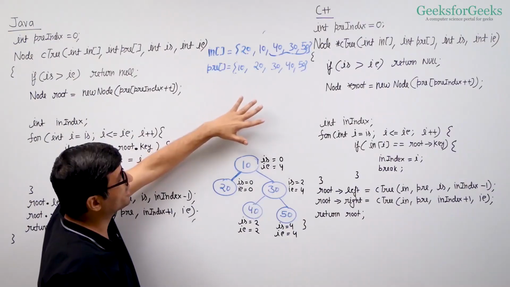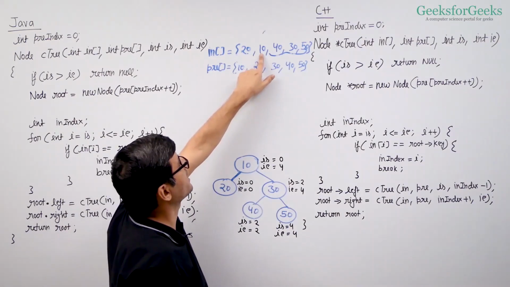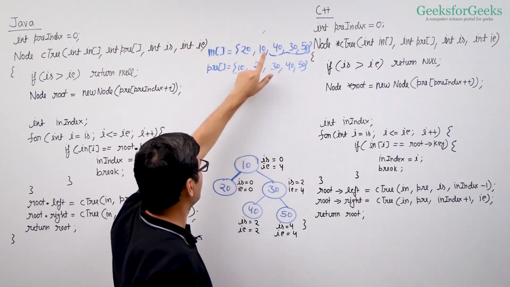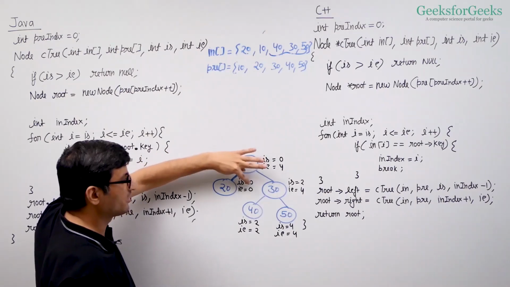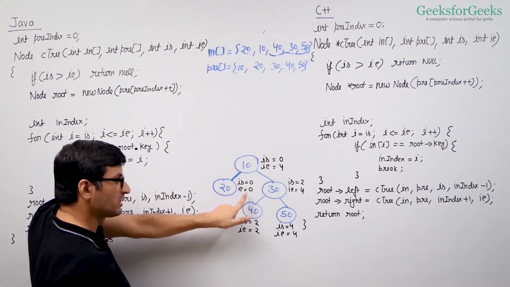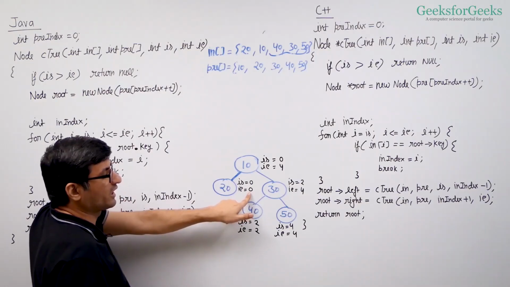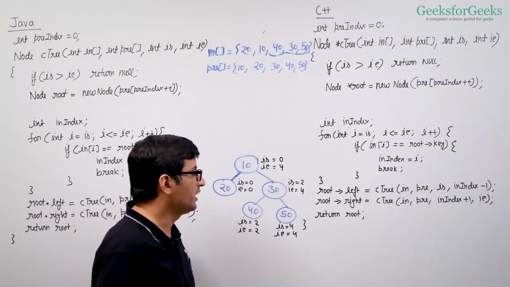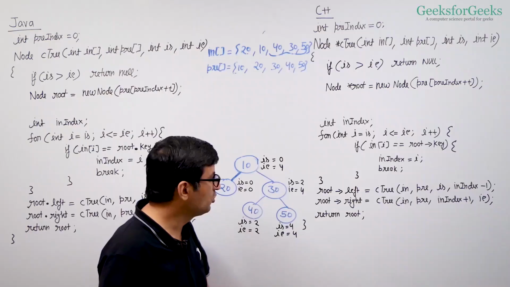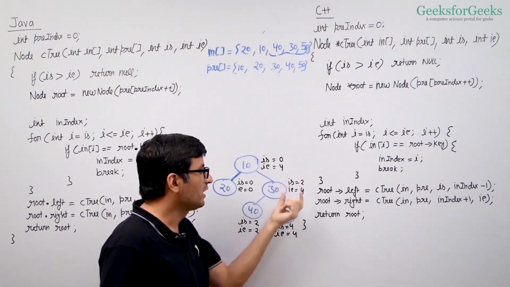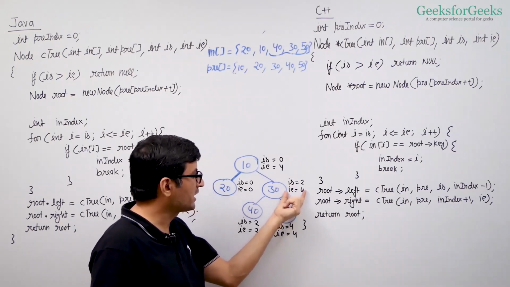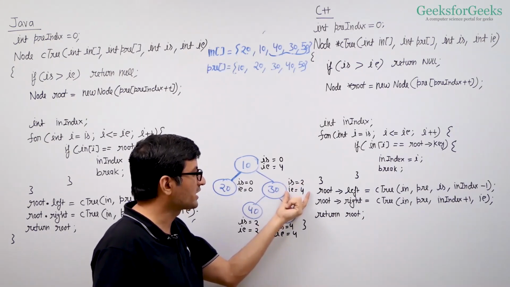When you search for 10, you find it at this index, inIndex becomes 1, and you call for the left subtree with these indexes. Your inIndex - 1 is 0, that's what you call for the left side. And inIndex + 1, which is 2, is what you pass as IS on the right side, and inEnd remains the same on the right side. That's how you make the recursive call on the right side.